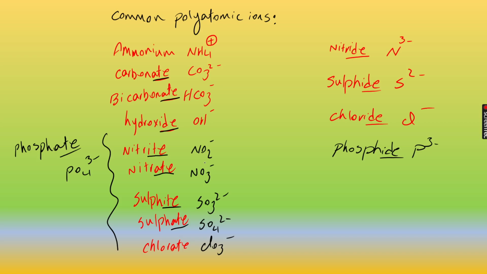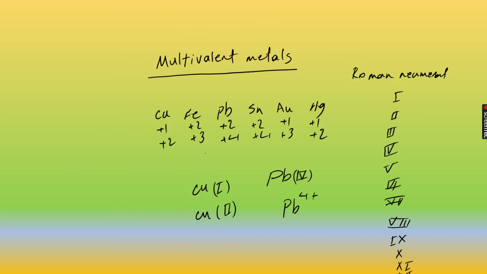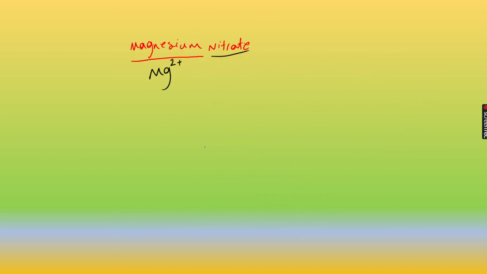Write them down on a paper attached to the wall and look at it every day to remember. Nitrate should be NO3 minus 1. So the charge of magnesium, 2, goes to the NO3, and the 1 of nitrate goes to the magnesium.